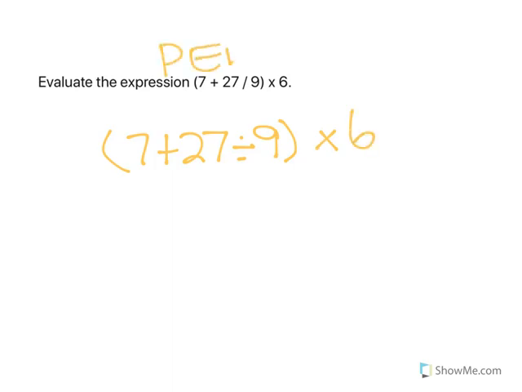All right, so it says to evaluate the expression 7 plus 27 divided by 9 in parentheses and then multiplied by 6. So let's write out our PEMDAS.